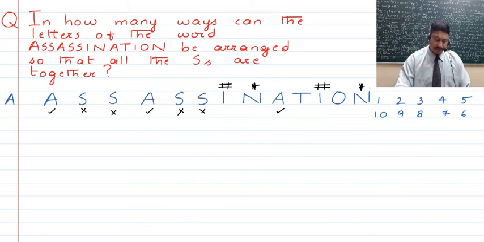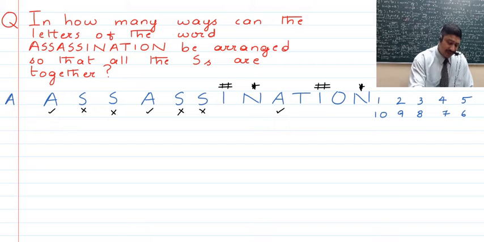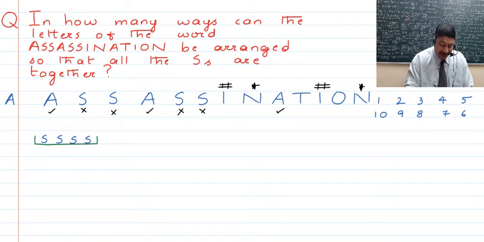Okay. So now, children, if we talk about all the S's being together, we can consider that having all the S's together, they can be contained in a group which will just have the S's, something like this. Now we'll be keeping all the S's together, and as you see, they are all alike.